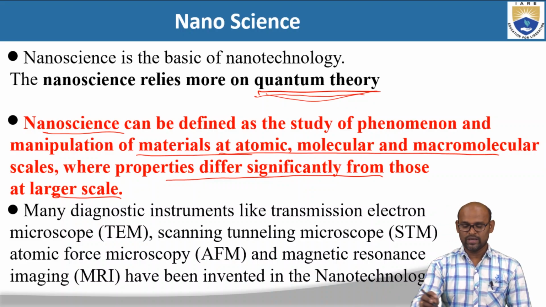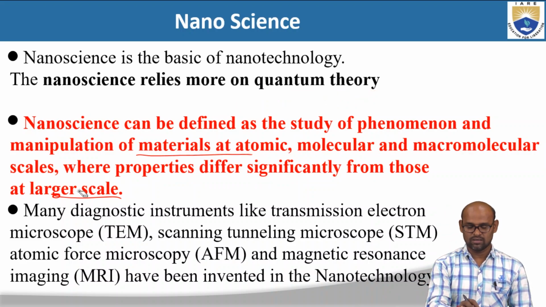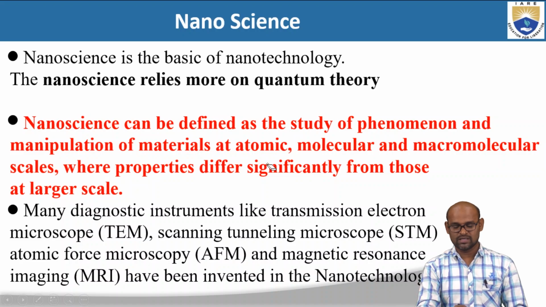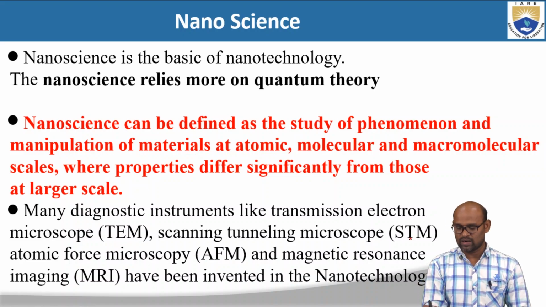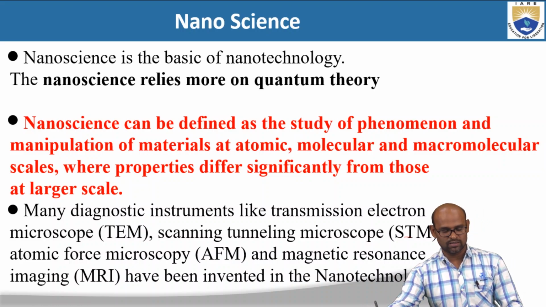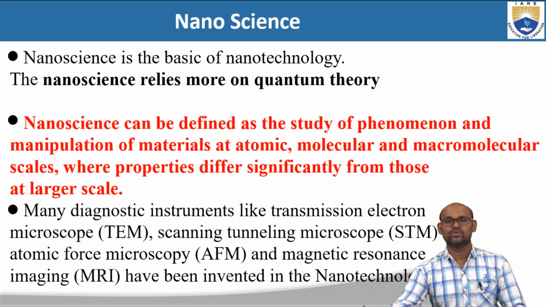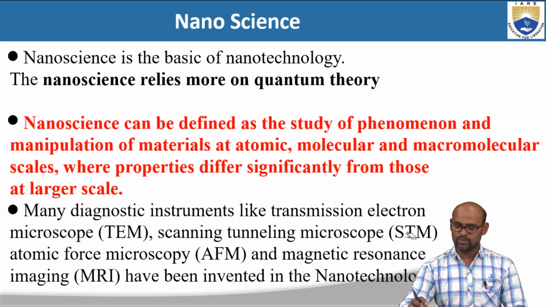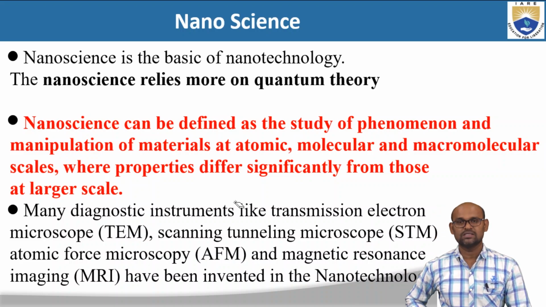Many diagnostic equipments are manufactured, for example, transmission electron microscope, scanning tunneling microscope, atomic force microscope, and MRI, which we use in the medical field, have been invented using nanotechnology. And we can explain this nanotechnology using nanoscience, which is based on quantum theory.